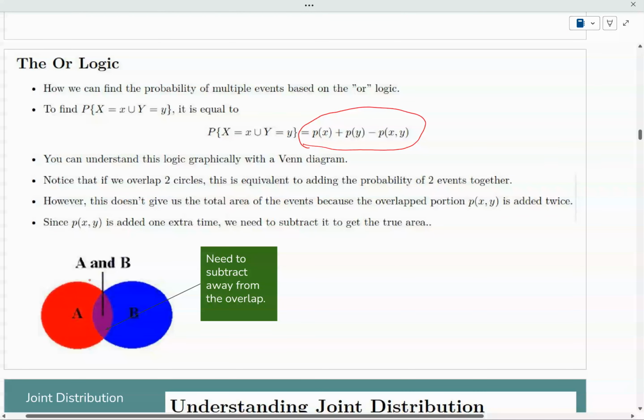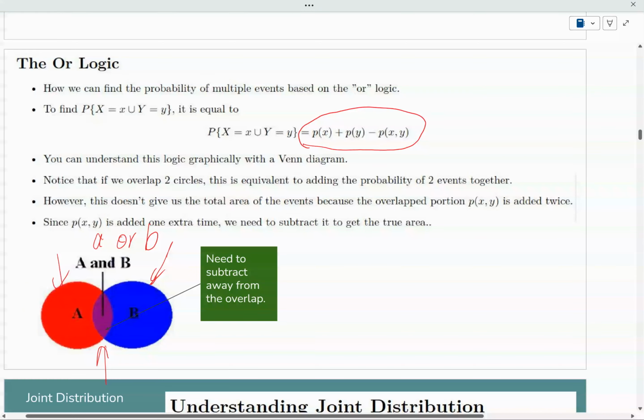So the probability of A or B happening is essentially the area here, right? This is the area. Therefore, if you want the area, you want the area of A, and you want the area of B. However, notice when you add area A and B together, the center portion where they overlap is added twice.